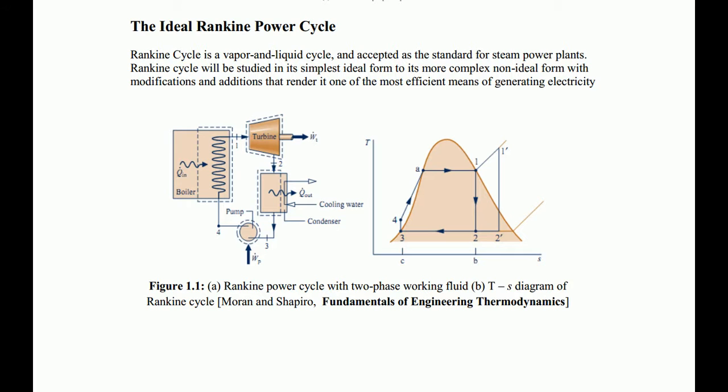Normally, Rankine cycle works in steam power plants and vapor power plants. Normally, steam is used for the generation of electricity as a steam turbine, and other vapors can also be used for electric generation, like organic Rankine cycle.